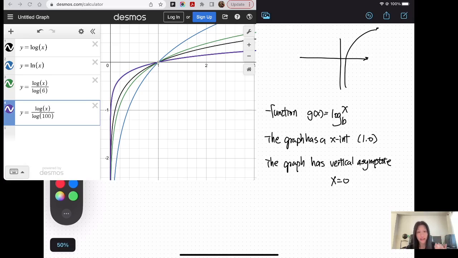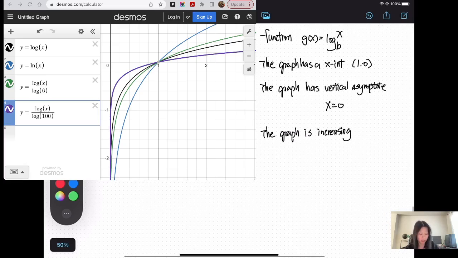And the graph is increasing on its domain, and also the graph is concave down.